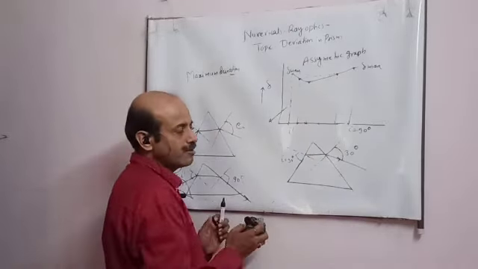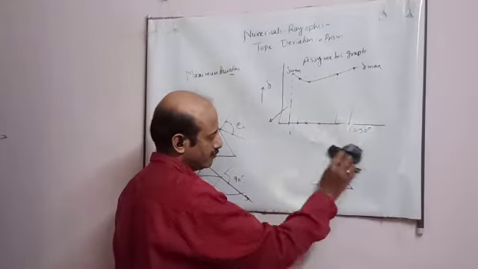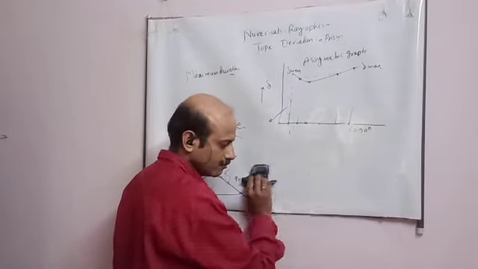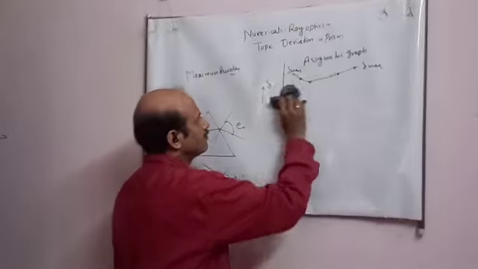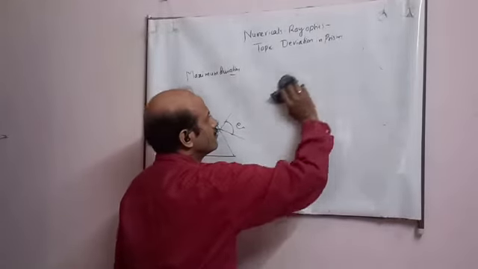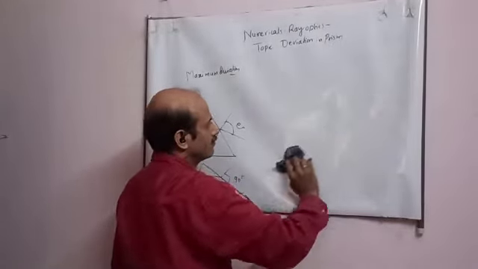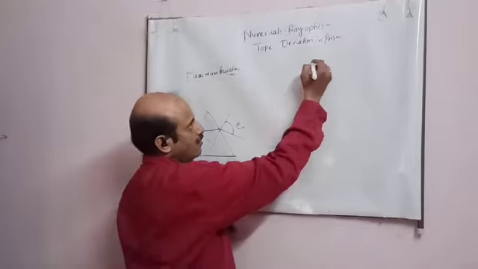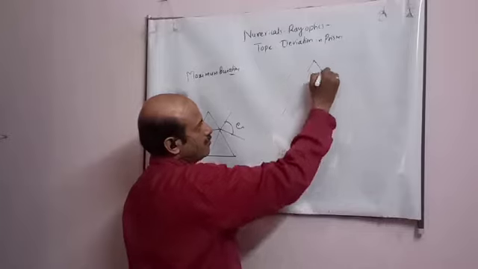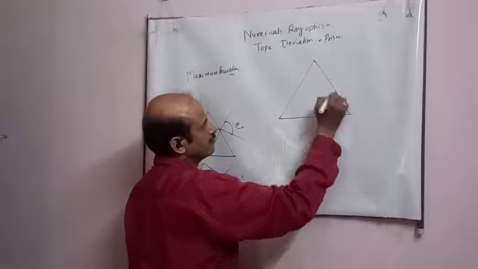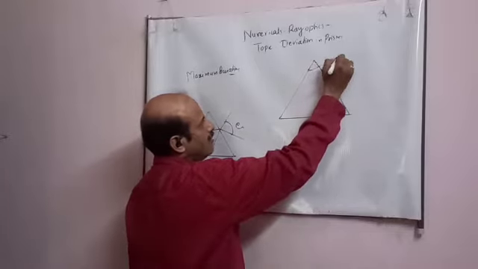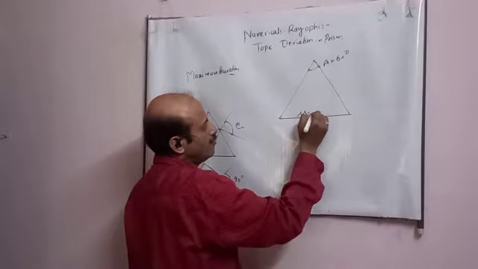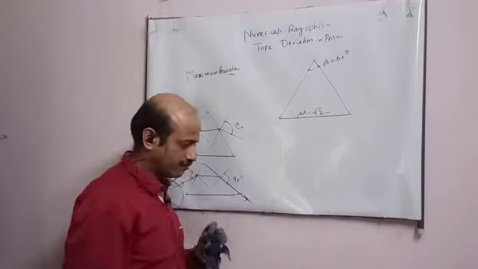One more numerical, student, I will solve it based on this. Say this is the case. A is equal to 60 degree, mu is equal to under root 2.